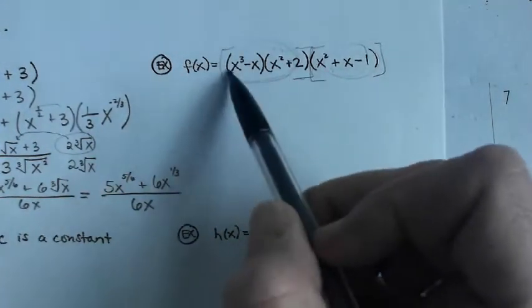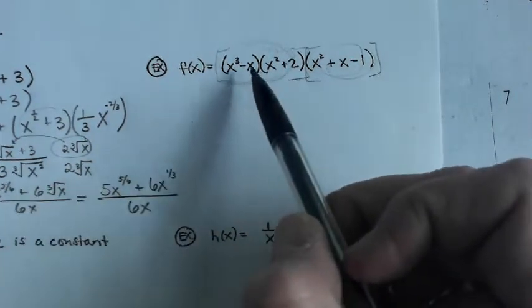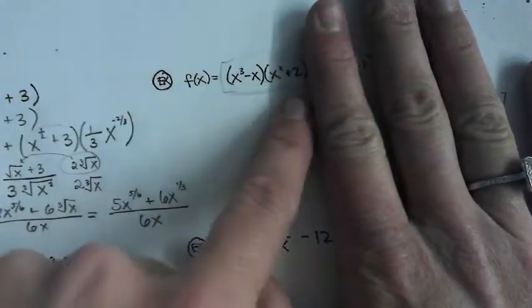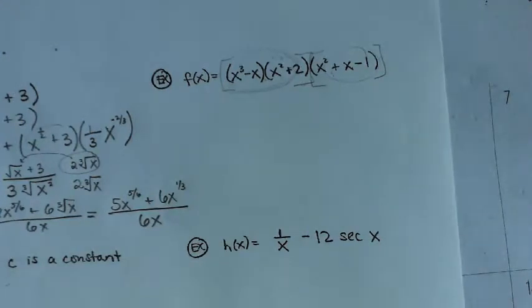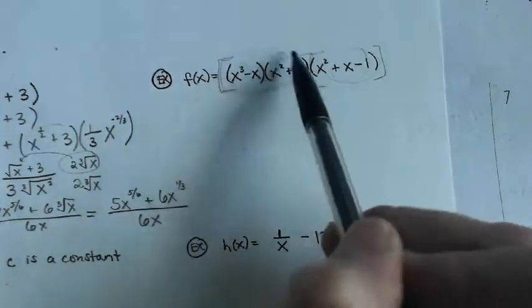However, if you're doing the derivative of the first, that in and of itself would require a product rule. Yes? Just the derivative of this chunk. So you would be doing a product rule within the product rule, which can get awfully confusing. So if we can avoid that, we would want to. So I would recommend multiplying these out first.